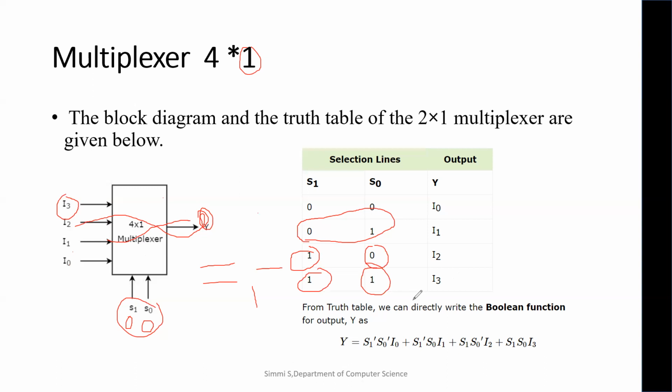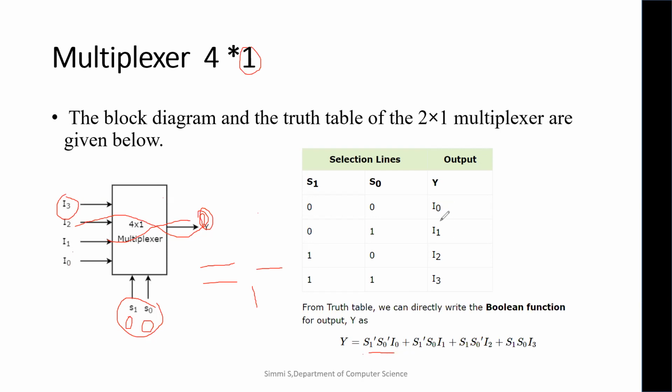So from the truth table, we can write the Boolean function. For S0 equal to 0 and S1 equal to 0, at that time I0 will be going. That is, S1 dash and S0 dash and I0 is having the value as 1, so I0.